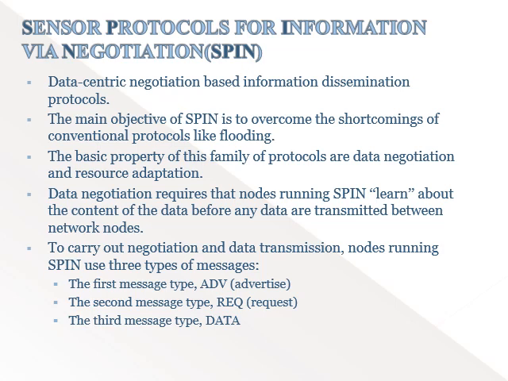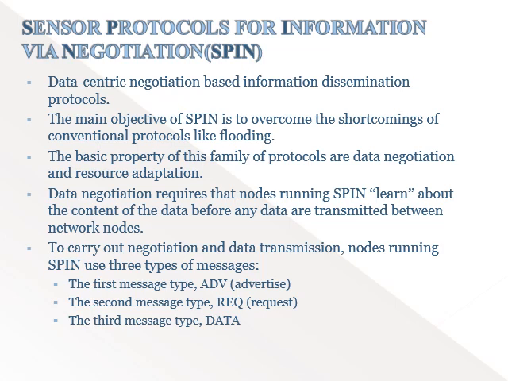The basic properties of this family of protocols are data negotiation and resource adaptation. Data negotiation requires that nodes running SPIN learn about the content of the data before any data are transmitted between network nodes.